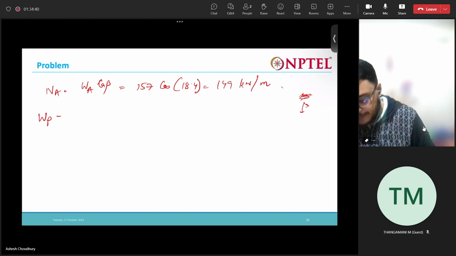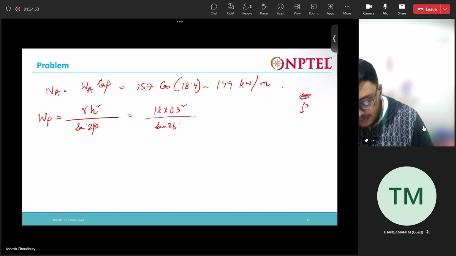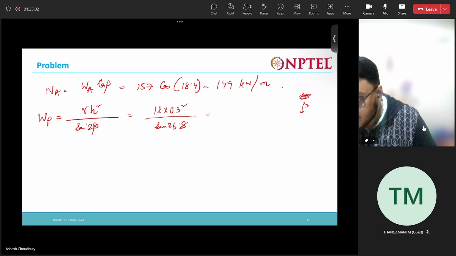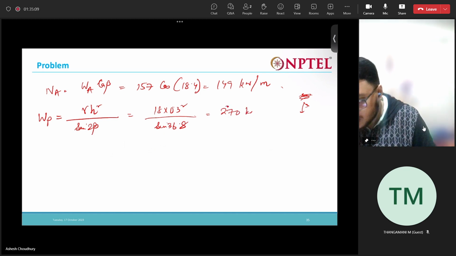and the weight of the passive wedge. So twice beta, twice 18.4, 36.8, 2.70.